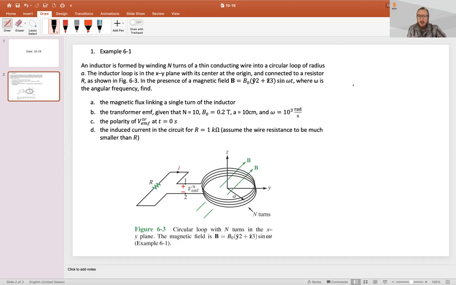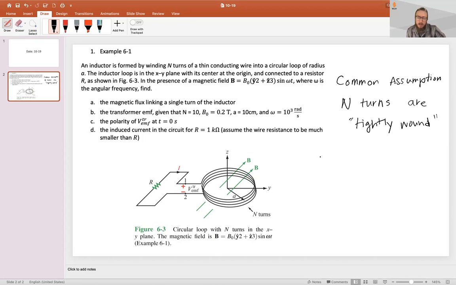When we're applying Faraday's law, there's a common assumption that we'll make: that these N turns are very tightly wound. Okay, and what this means is that the loop is very thin.